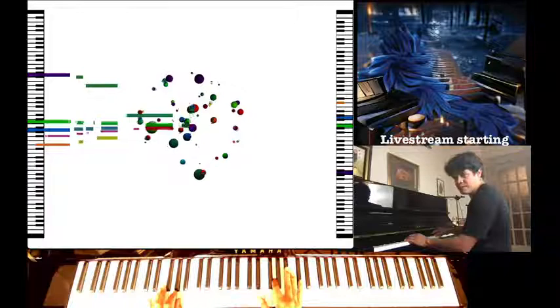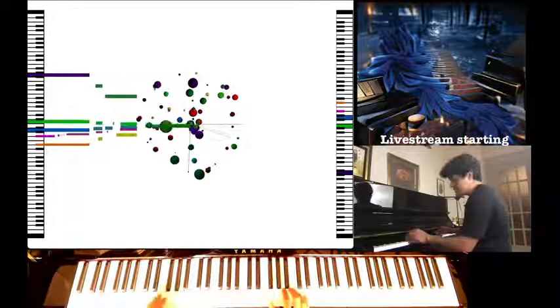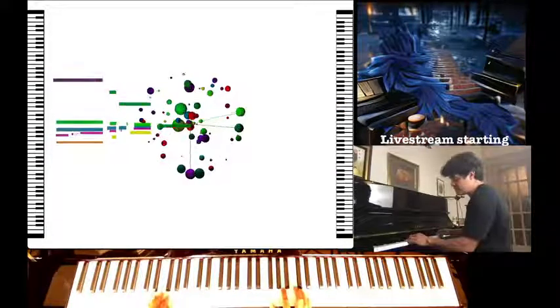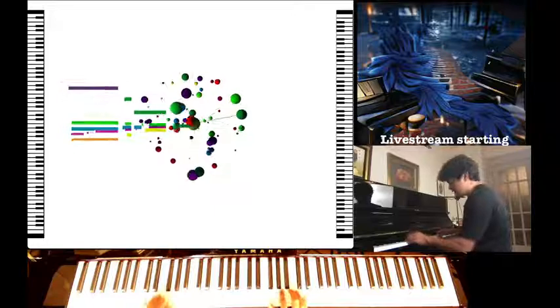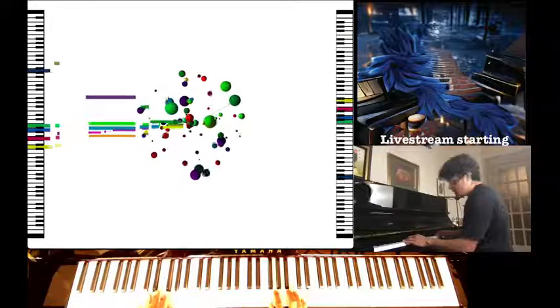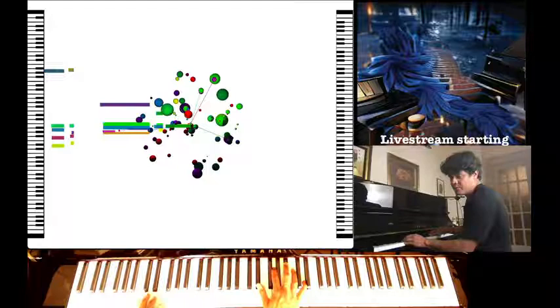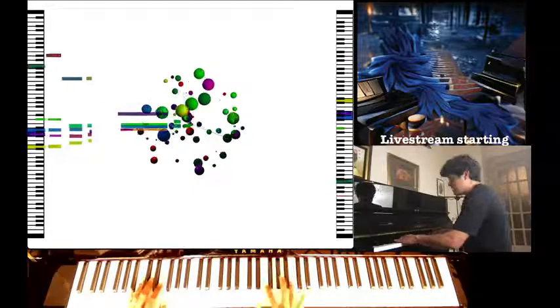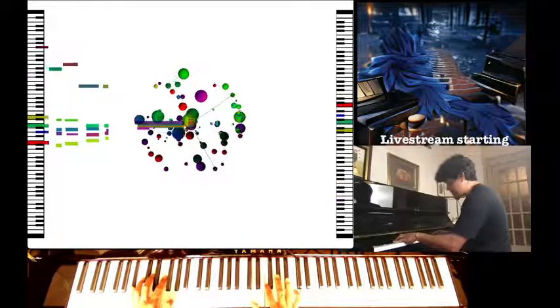So we have this B flat here, and then we do the 2-5-1 turnaround on D minor. So D minor, C, and then we go to C minor instead of C major, F, and then B7 instead of B major 7.